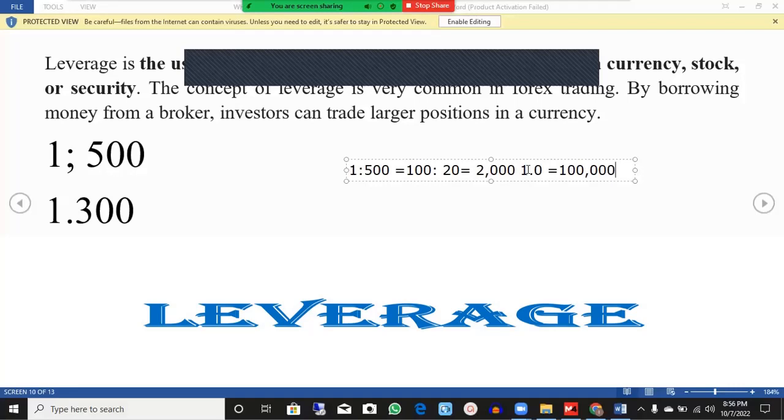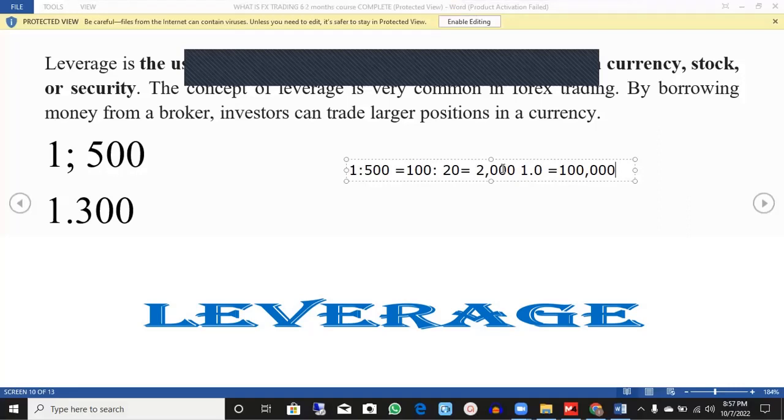Whenever you open one lot size, the broker will tell you not enough money, because the money you have in your account is $100, and because you chose 1:20, it's automatically $2,000. Whereas someone else with the same $100 will open this one standard lot and it will open because of his leverage. That is why some ignorant persons will begin to say, my broker is bad, they don't allow me to open one lot size. He didn't select the proper leverage.